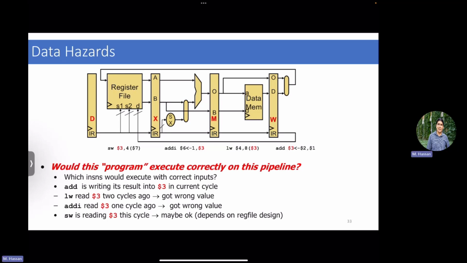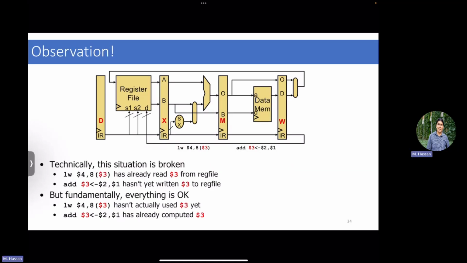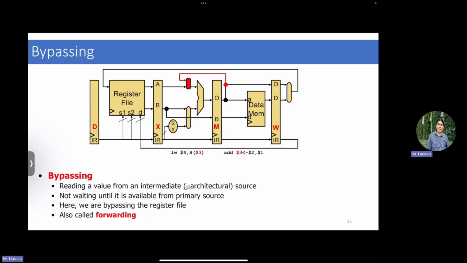So how to execute correctly in that case? I start executing my add that writes into this. The load comes into the execution stage and needs R3. If I just execute naturally, the program is in fact broken because I'm reading the old value. But in reality, as we said earlier, I can take the value of R3 from the output of the ALU without waiting for the write back.